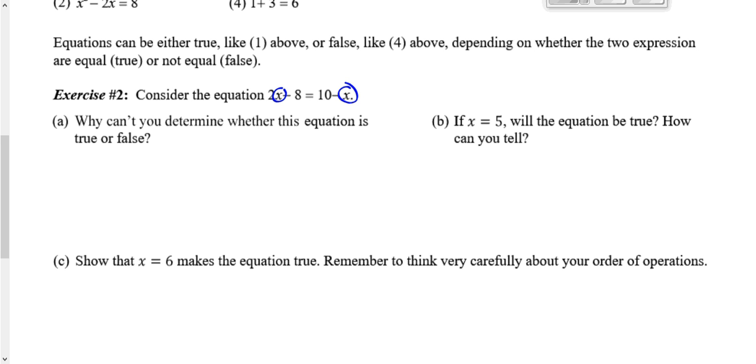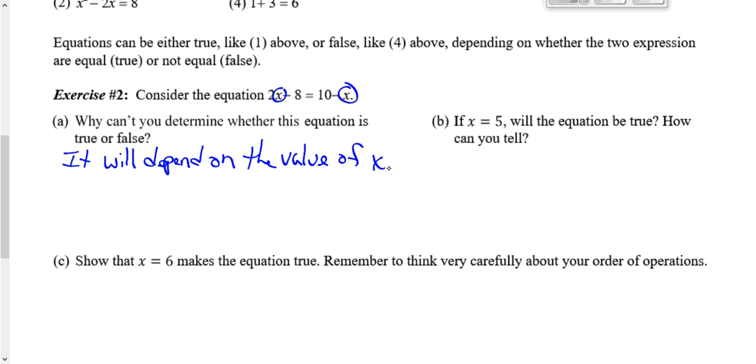So the reason you can't tell whether it's true or false is it will depend on the value of x, okay?